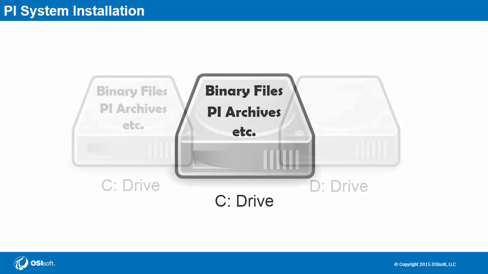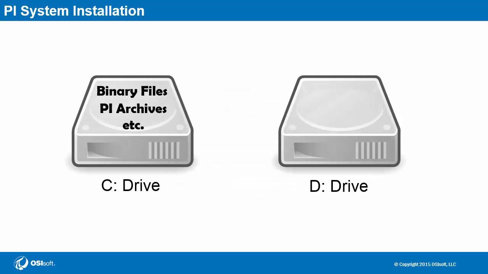OSIsoft recommends at least 2 physical drives on the Pi Data Archive computer. In this scenario, the second drive will be responsible for Pi Archive files, separating out the main data storage. These archive files experience a great deal of read and write burden and are the best first target to remove from the rest of the Pi Data Archive.